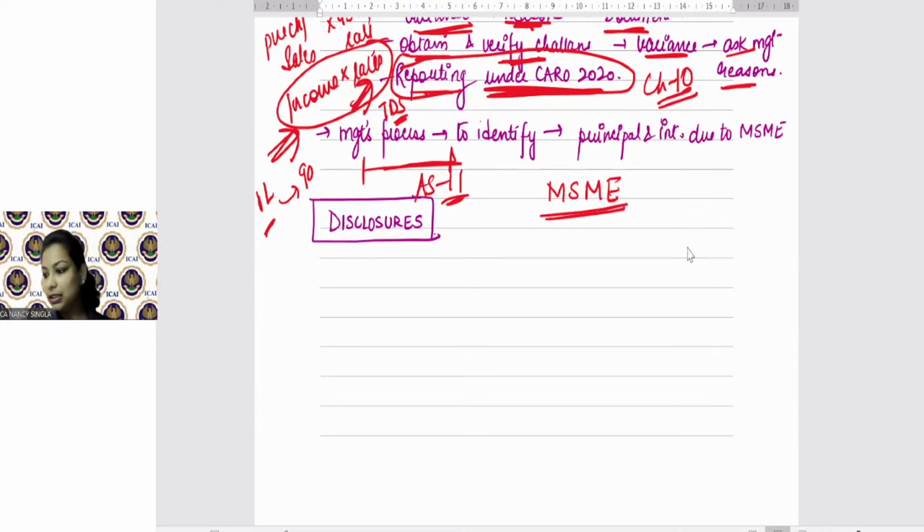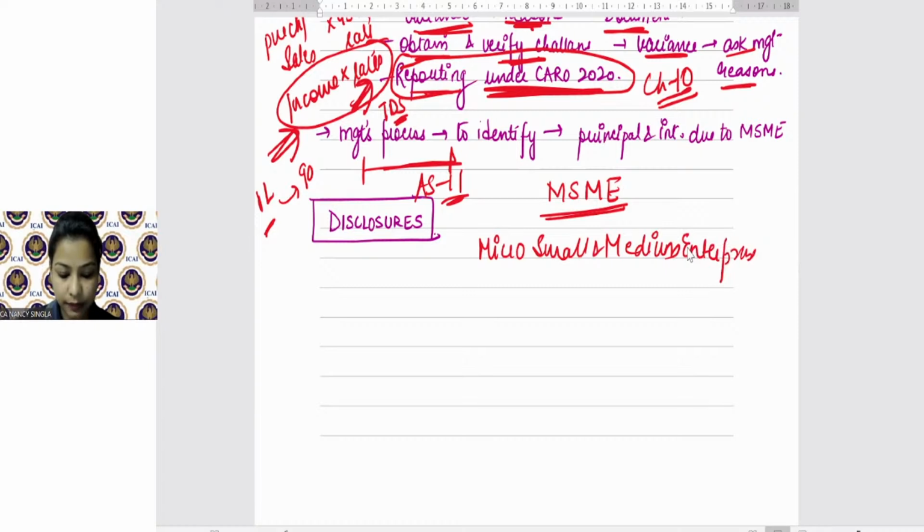Quickly, I need answers. So MSME is what? Micro, small, and medium enterprises. So there is an act, the Micro, Small and Medium Enterprises Development Act 2006.